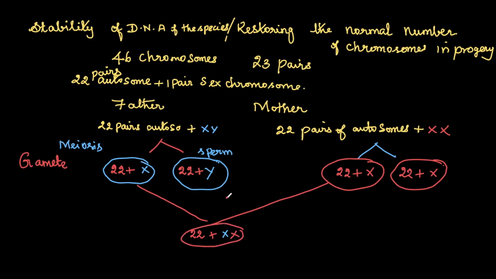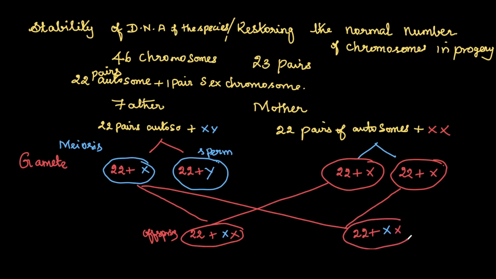This is the way you get the individuals. When the X from father fertilizes the gamete from mother, it is producing 22 pairs plus XX. This is a daughter.